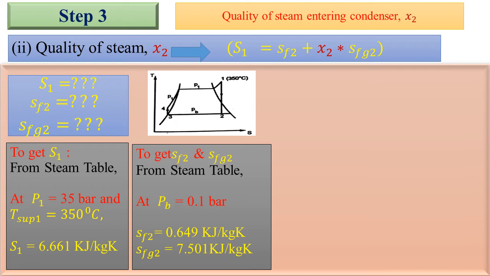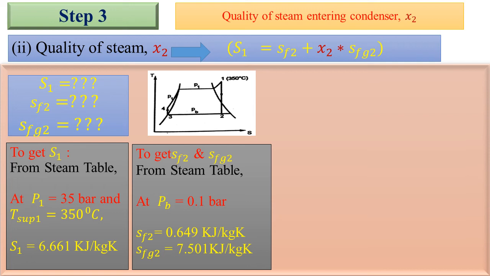Why will we select both SF and SFG? Because as point 2 lies in between both the saturated lines, at point 2 there will be a mixture of liquid as well as vapor state. Hence, to calculate entropy at point 2, we need to know how much the entropy of the liquid content will be and how much the entropy of the gaseous or vapor state will be.